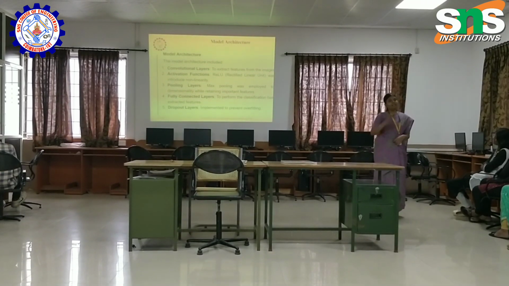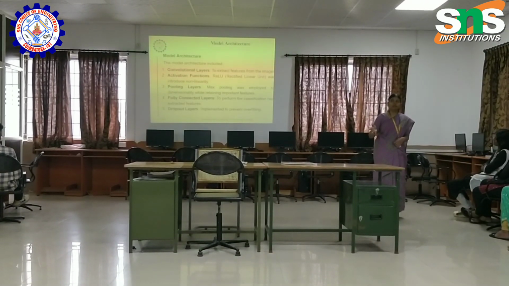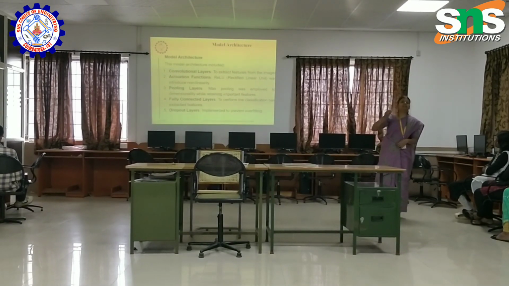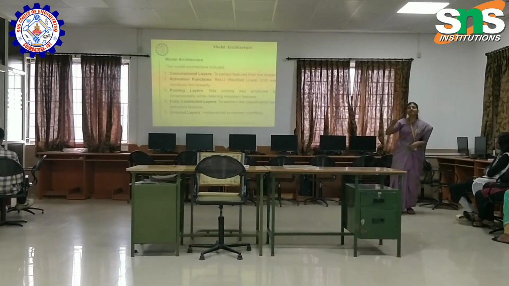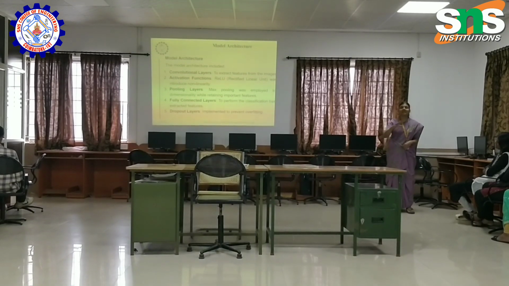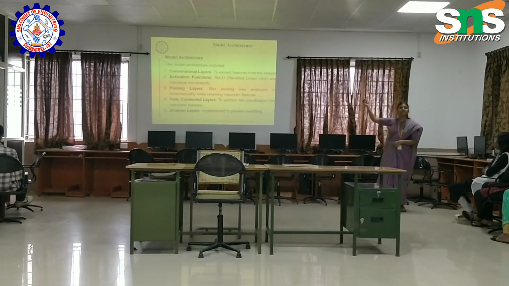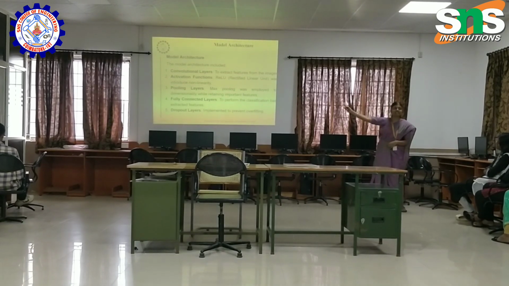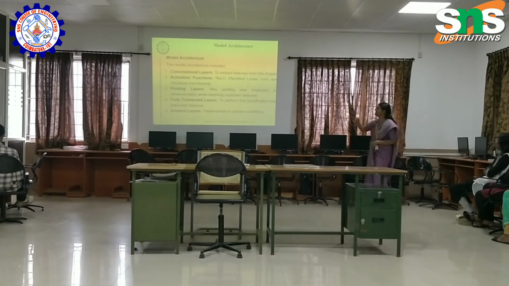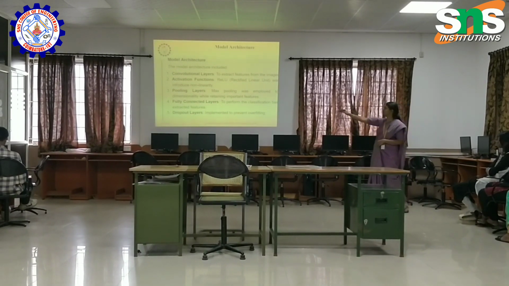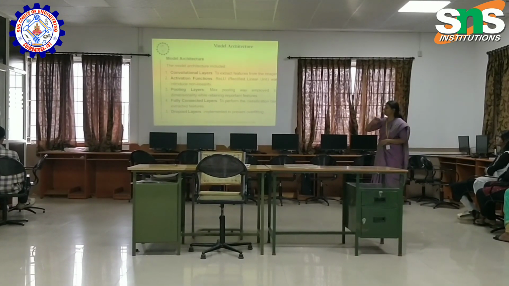There are many things evolving in the neural network concept. When we learn one by one, each has its own purpose and applications. Here in pooling layers, we are employing the max pooling, and then fully connected layers, to perform the classification based on the extracted features.